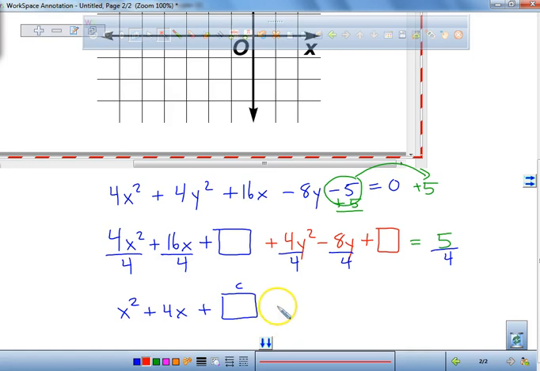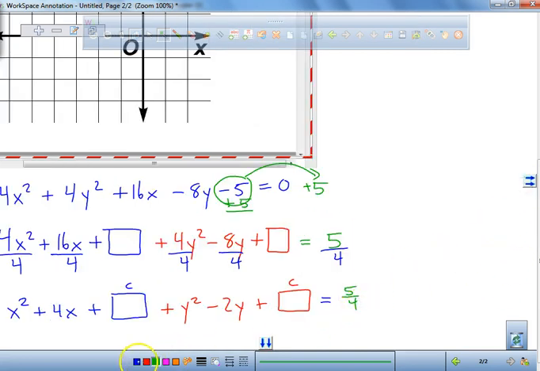Plus y squared minus 2y plus a little box right here, that's going to be our c value. And then equals 5 over 4, but don't forget, whatever we do to one side, we have to do to the other side.